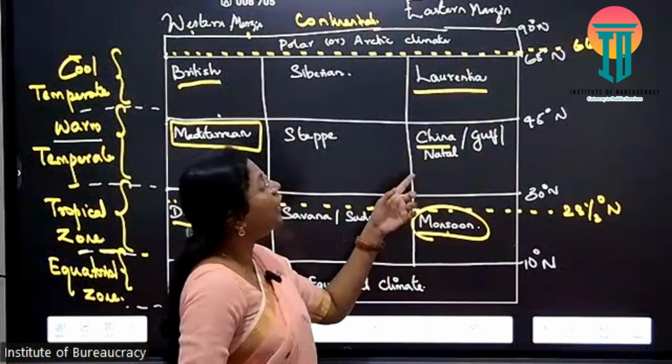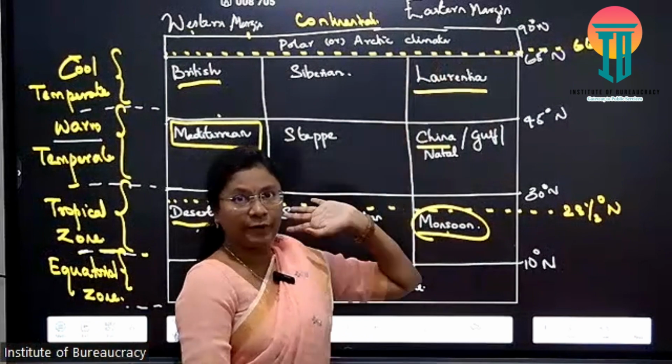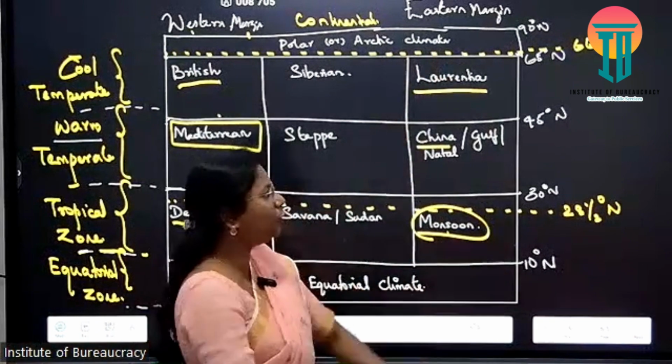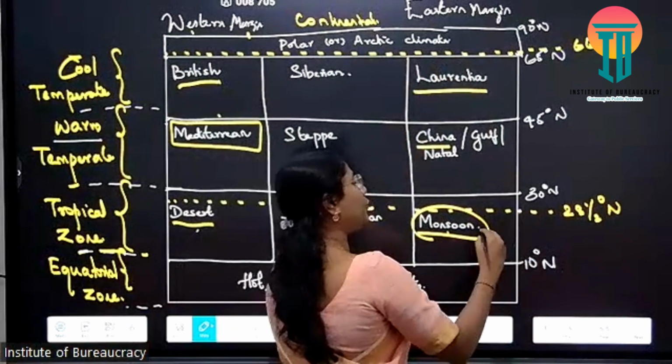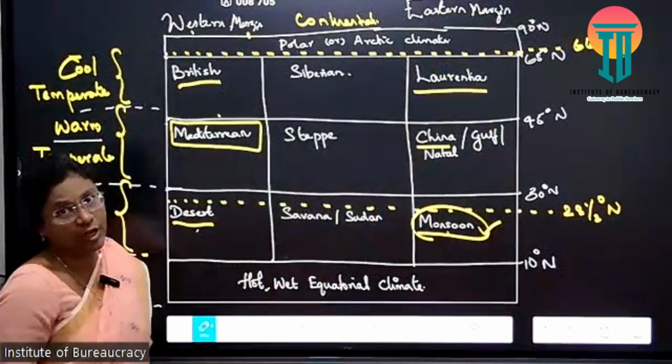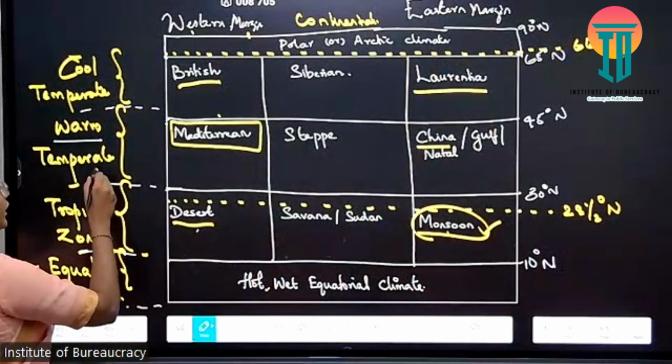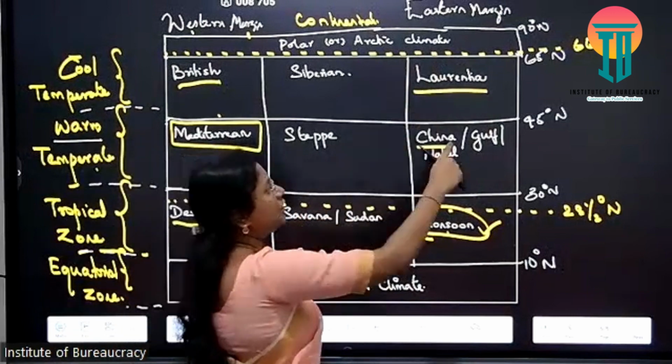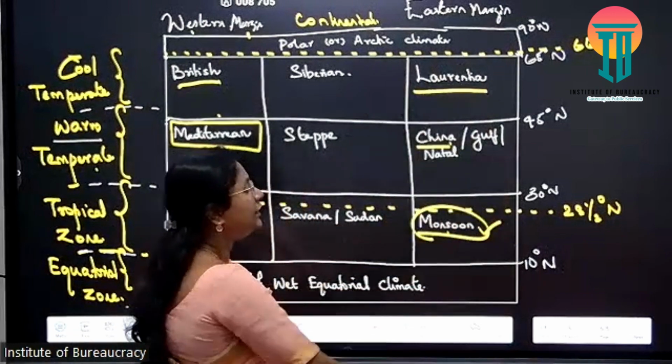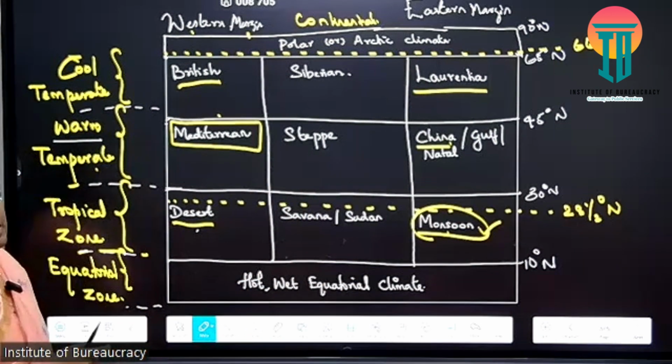Monsoon is nothing but tropical eastern margin climate. Warm temperate eastern margin is my China type. So this chart is very important.